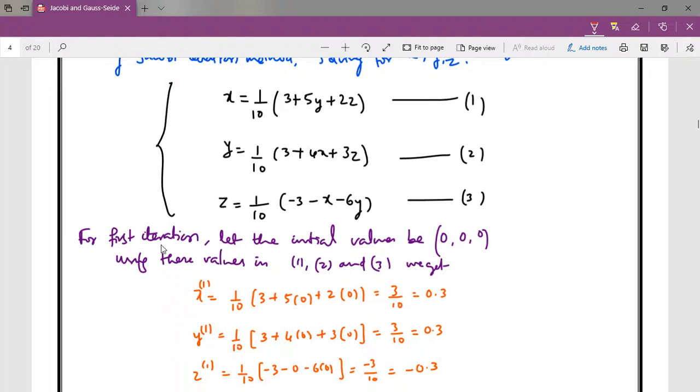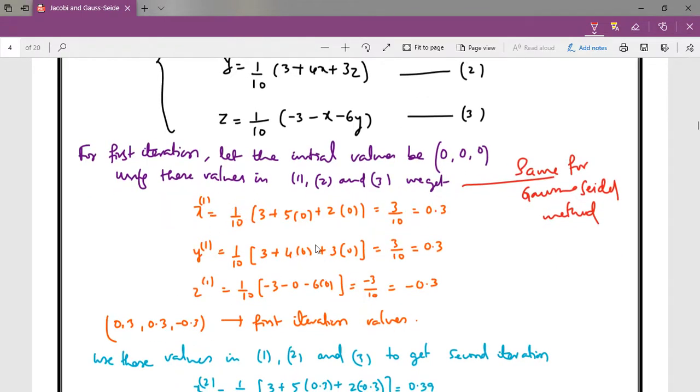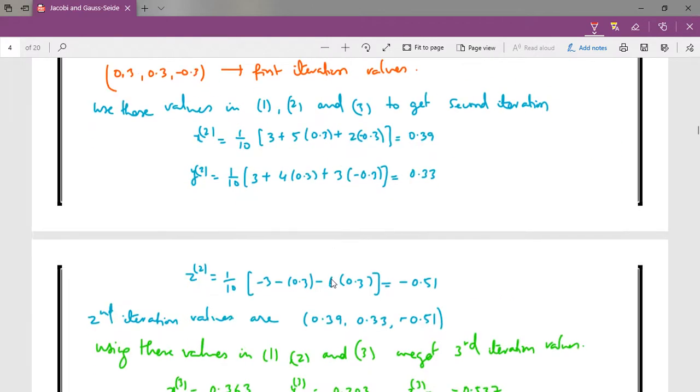Up to here it is the same for Jacobi iteration as well as Gauss Seidel. After this step, here we are using x0. So if you replace it by x1, then it is the Gauss Seidel method.